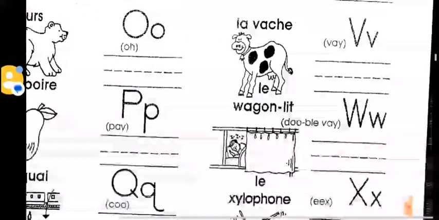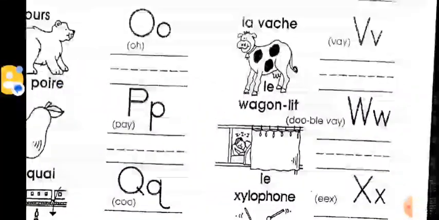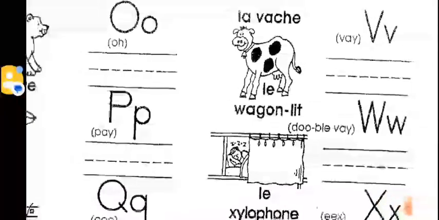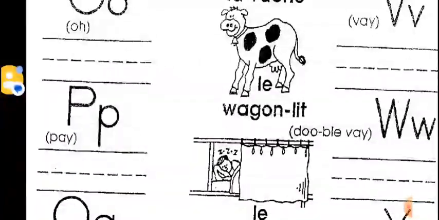Next letter in line is la lettre W for W. And we have the word le wagon-lit. Le wagon-lit. Le wagon-lit is spelled L-E for le and wagon, W-A-G-O-N hyphen L-I-T.